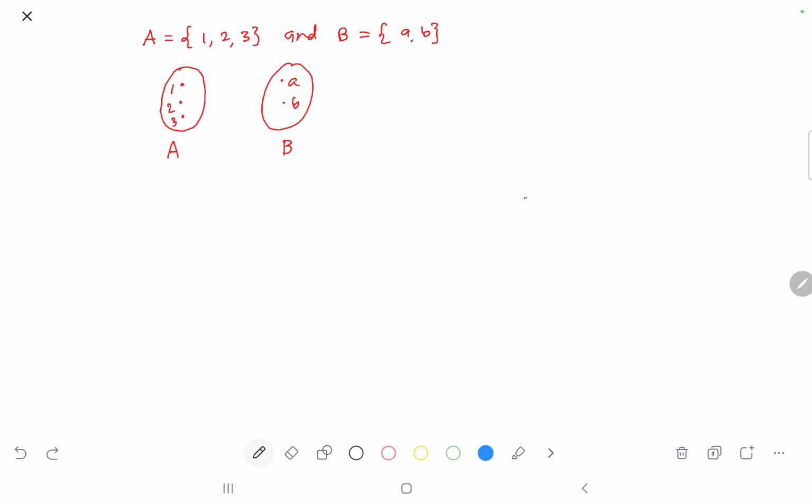In the set B, 2 elements. So they are finite sets. But if I give you the set 2, 4, 6, 8, and so on, this pattern never stops, right? These are even numbers, so it is an infinite set.